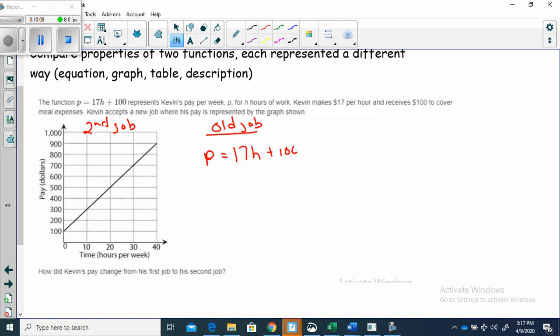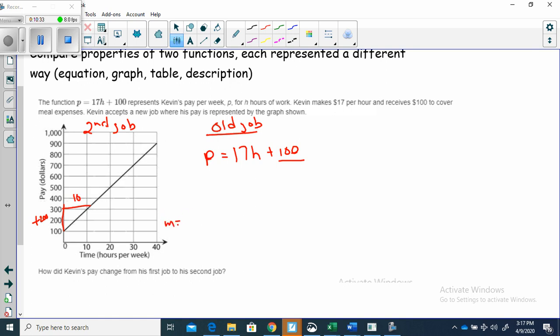Well, let's look and see what we've got. On the starting point, on this one we started at 100, and he starts at 100 here too. On the old one he's making $17 per hour. Let's see how much he's making per hour on the new one. I know that in 10 hours he's going up from 100 to 300, so he goes up $200 in 10 hours.